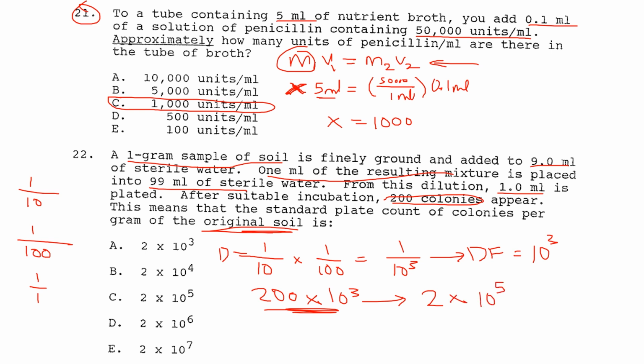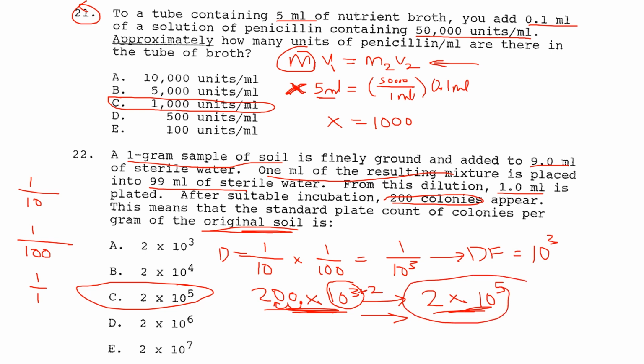So C is the right answer here. Again, I think you guys are smart enough to know this, but just in case you haven't learned this trick yet: we start with 10 to the third here, and then we want to move the decimal place 1, 2, and so you add 2 to the exponent. That's how we get 2 times 10 to the 5th. Hopefully that made sense. Okay.